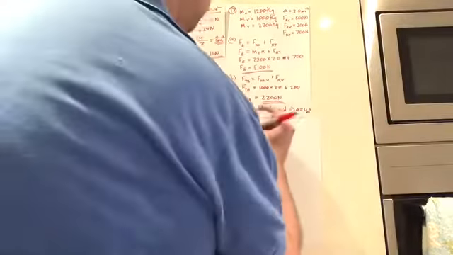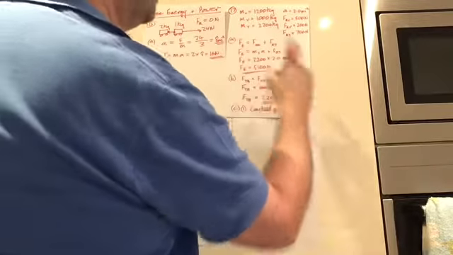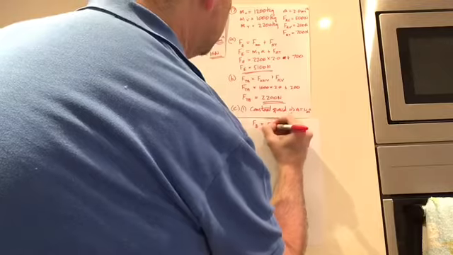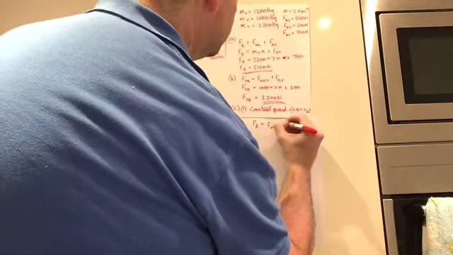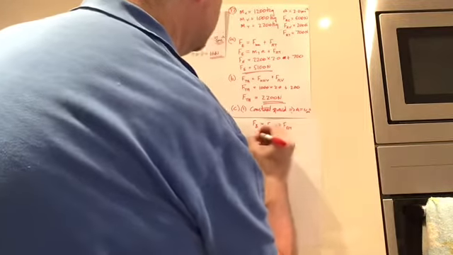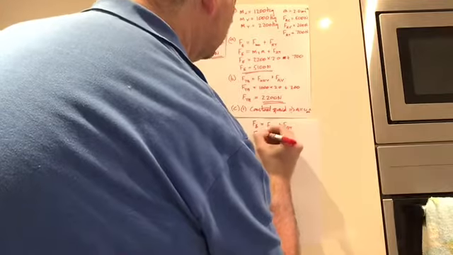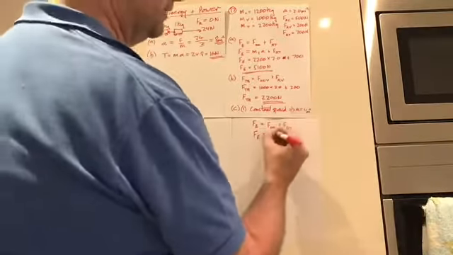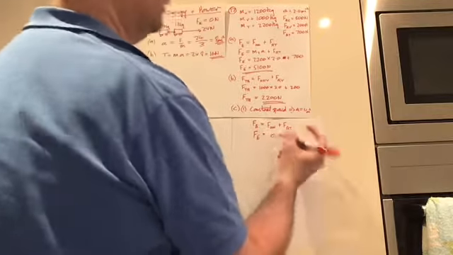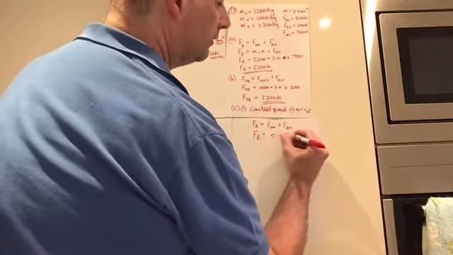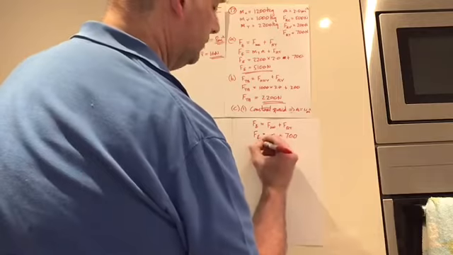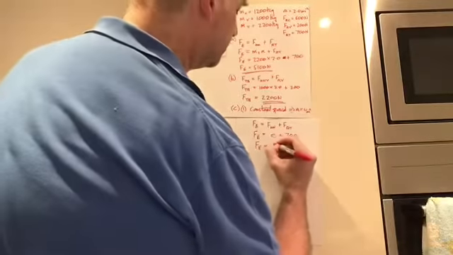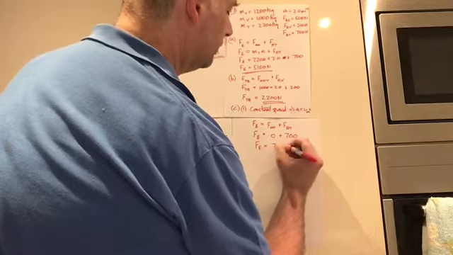So it's going to be same logic as here, the force from the engine equals the unbalanced force plus the total force of friction. And indeed, you would be correct in saying the unbalanced force would be 0 because the acceleration is 0. But that doesn't mean the friction goes away. So the force from the engine when the car and caravan are travelling at a constant speed is 700 newtons.